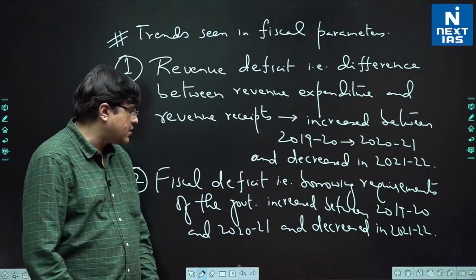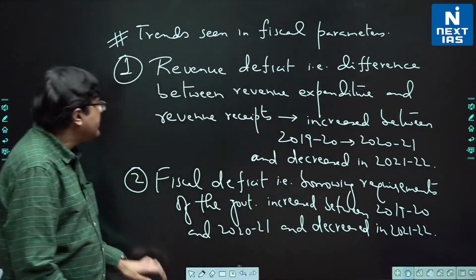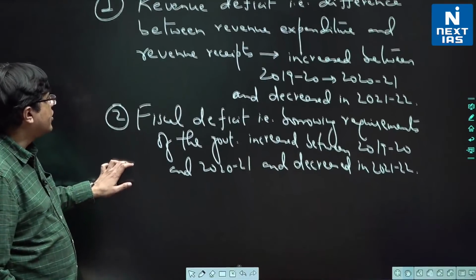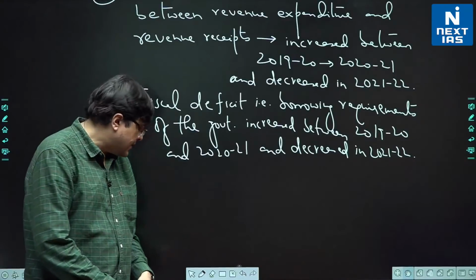So revenue deficit has shown the same trend, fiscal deficit has shown the same trend, that they have increased and then come down in the last 2.5 years.